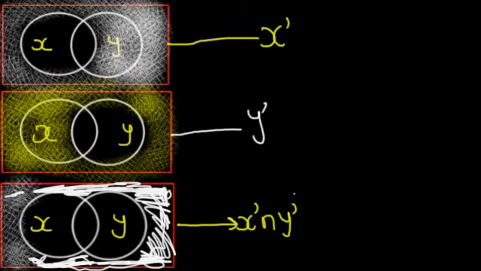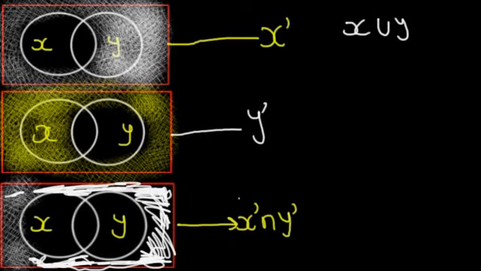What is the inner part of these two circles? This is known as x union y. That is either x or y or both. So x union y is the inner part of both circles.